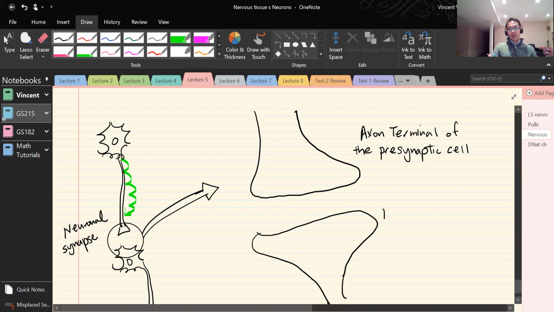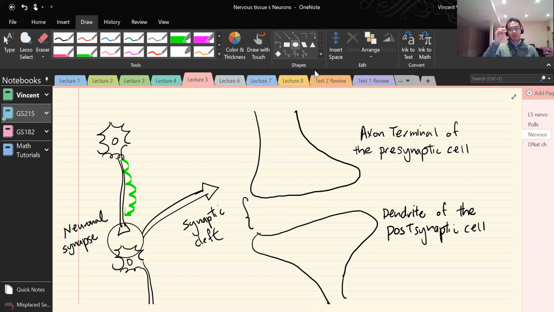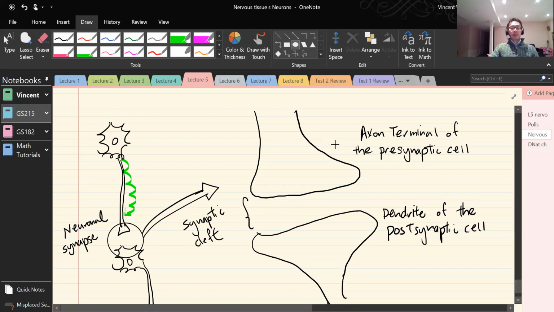This is the dendrite of the postsynaptic cell. So in this case it's neuron to neuron. This space here is the synaptic cleft. It's important to know that the neurons are not actually touching each other. There's a little bit of a gap in between. So the whole thing is a neuronal synapse.